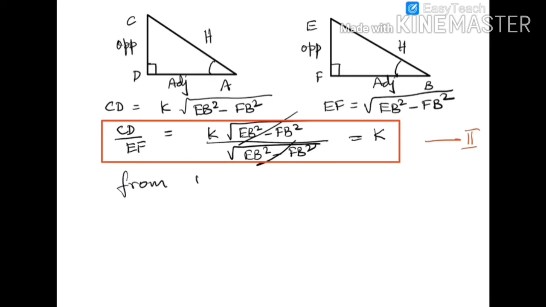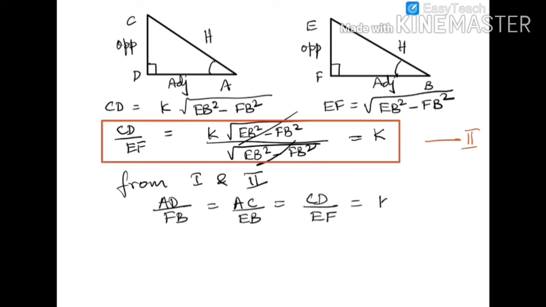So from 1 and 2, we can say that AD upon FB is equal to AC upon EB is equal to CD upon EF, as all of them are equal to K. So this implies that triangle CDA is similar to triangle EFB by which criteria?